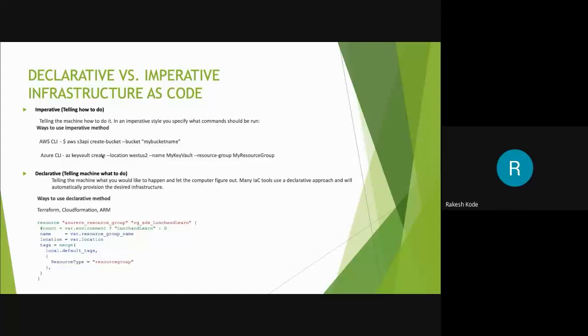But in the declarative way, what we are doing is we're telling the machine what we want, right? So most of the infrastructure as code tools, for example Terraform or CloudFormation or Azure Resource Manager, use a declarative way, basically defining your resource, your properties, and everything.